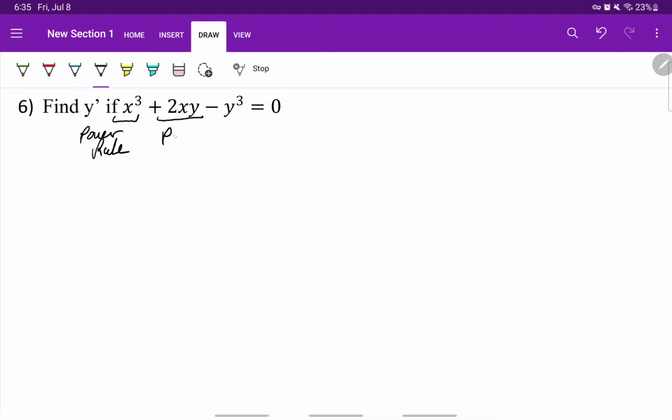This requires the product rule. And then the minus y cubed, that's going to require another power rule. On the right side is just 0, and the derivative of 0 is just 0. Let's take the derivative of both sides.